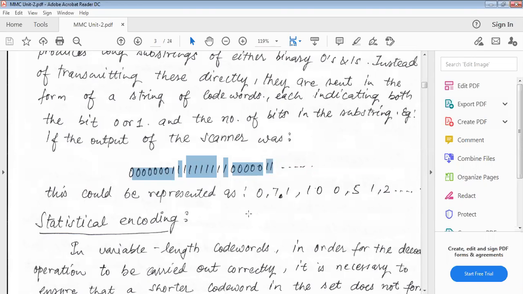That group can be represented as 7 comma 0, 1 comma 1, 100 comma 5 comma 1 comma 2. Here 100 is not converted into a digit, it is directly converted into binary digits only. So 7 is a digit, 100 is a binary digit, 5 is a digit, 1 is a digit, 2 is a digit.